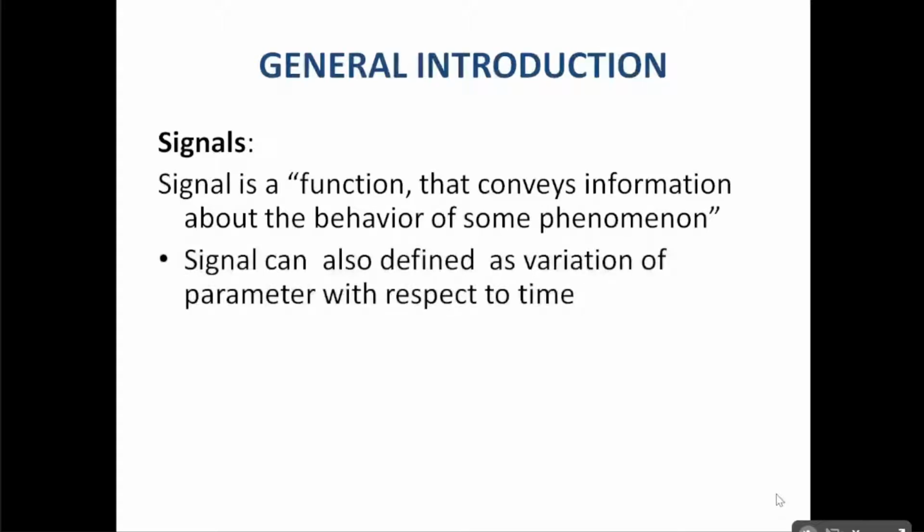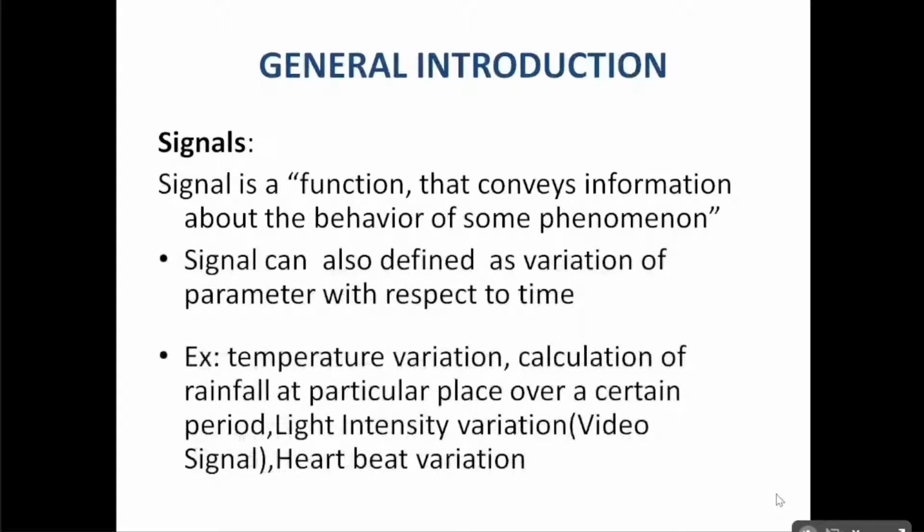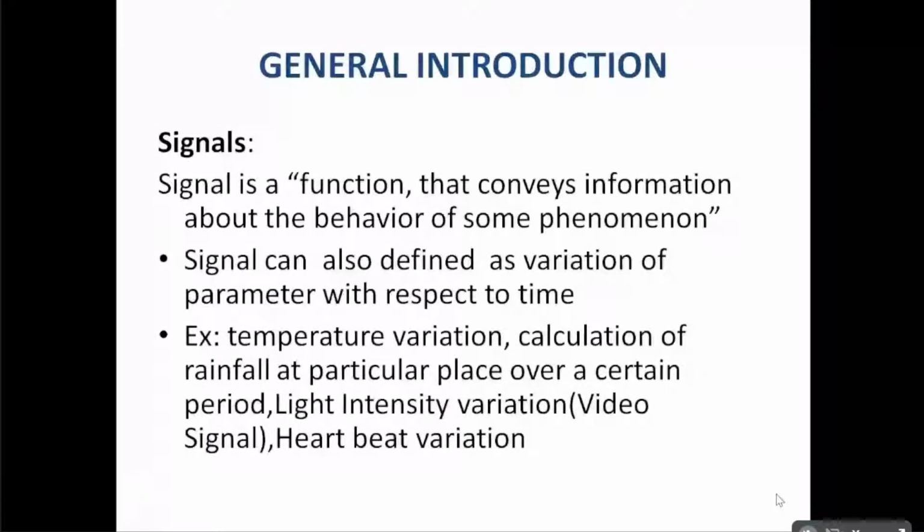So for example, take temperature variation. Assume in our institute we are going to measure temperature from 9 o'clock to 4 o'clock. So if we measure the temperature from 9 o'clock to 4 o'clock and plot it with respect to time, we get some signal. So this is one of the examples of signal.